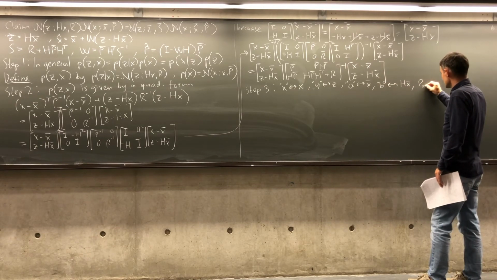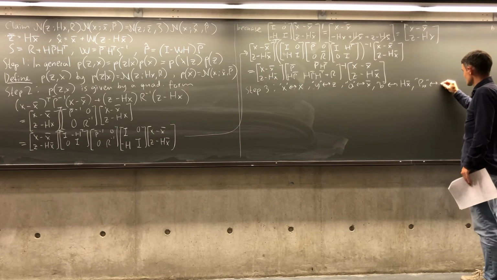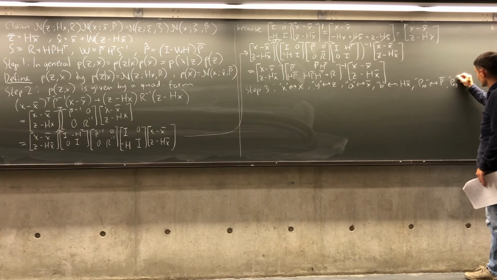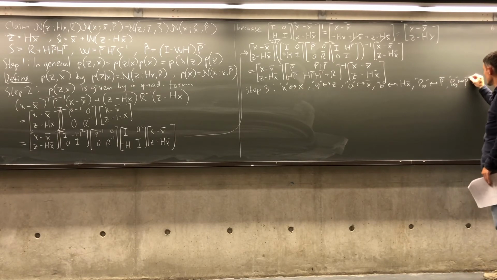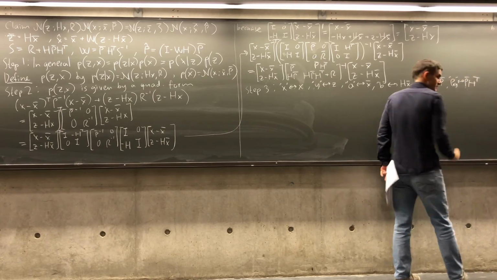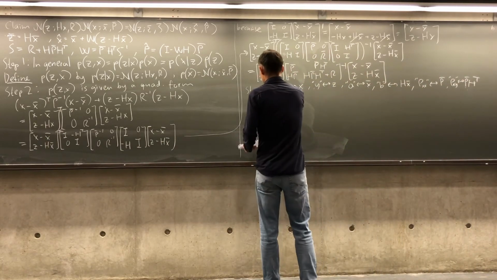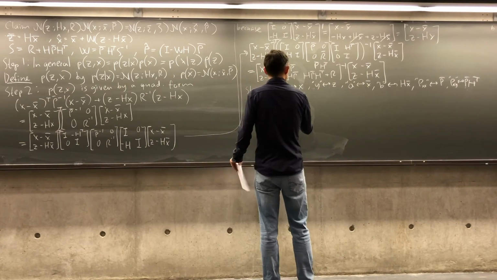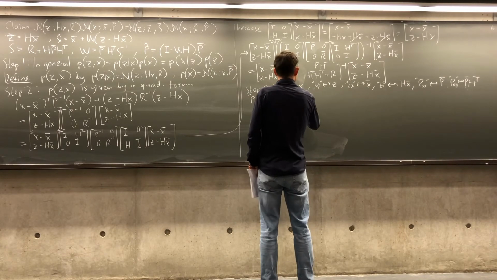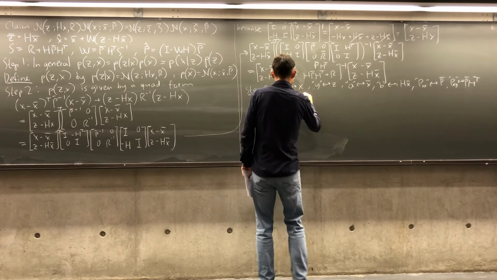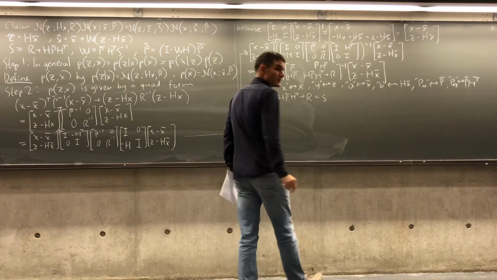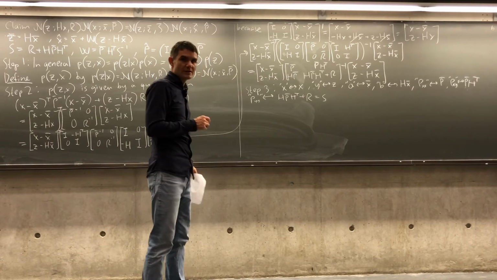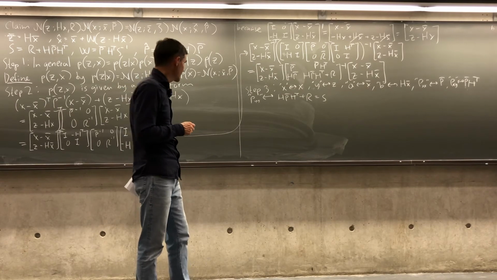And something called Pxx. This corresponds to my P bar. And something called Pxy, corresponding to P bar H transpose. And finally, something called Pyy, corresponding to H P bar H transpose plus R, which is the same as S. And then I use formulas for conditioning.